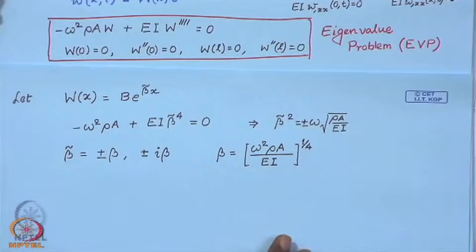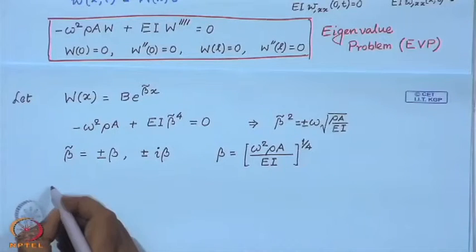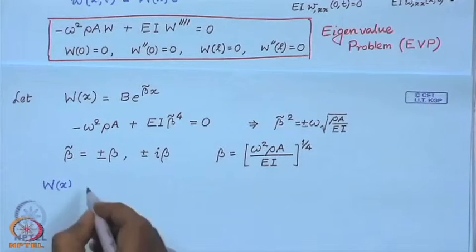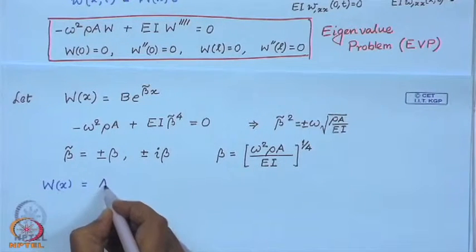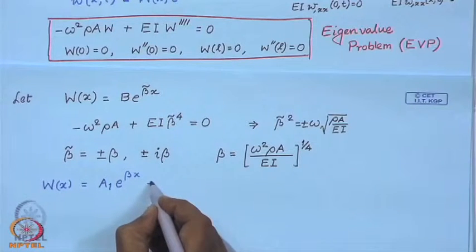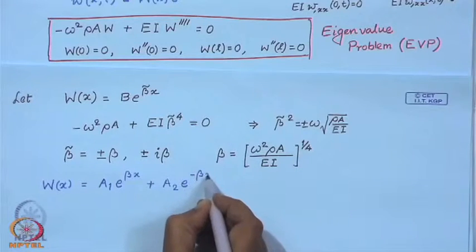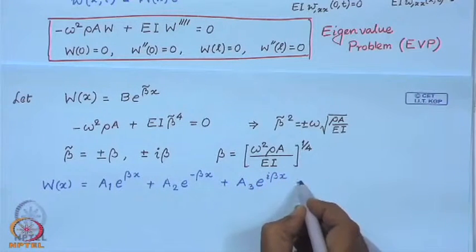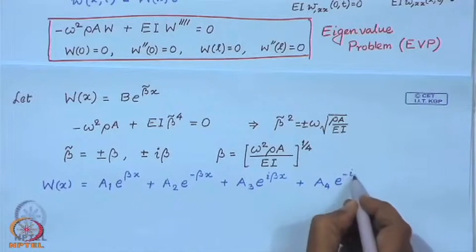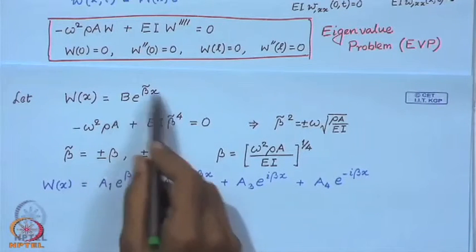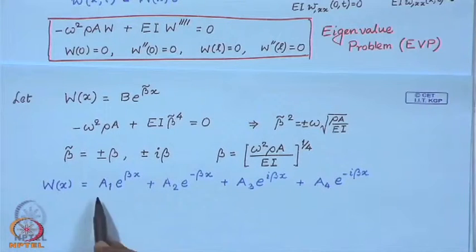Now, corresponding to these 4 solutions, the general solution of this function w of x can be written in terms of this exponential function, where a 1, a 2, a 3, a 4 are arbitrary constants, possibly complex.